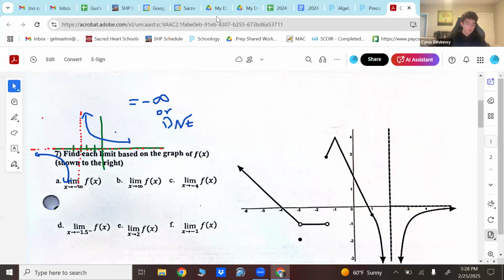Okay, and then for 7a, the limit as x goes to negative infinity, y is going to positive infinity.